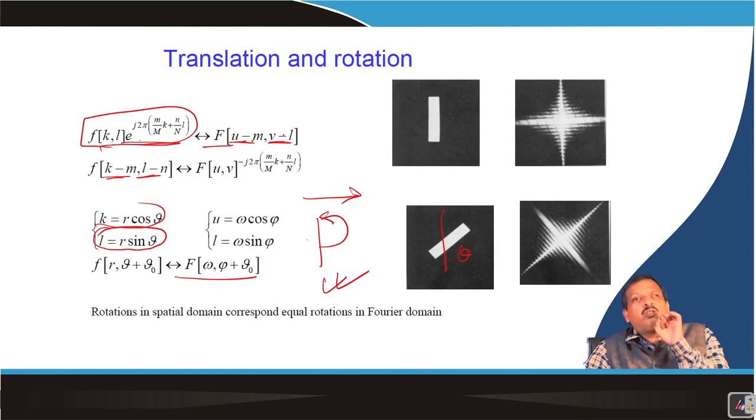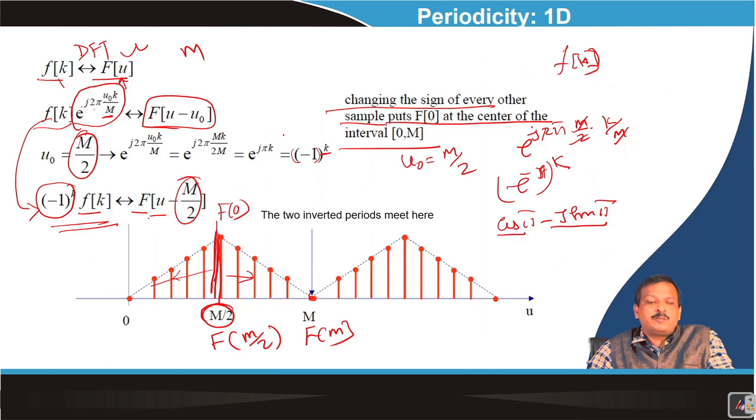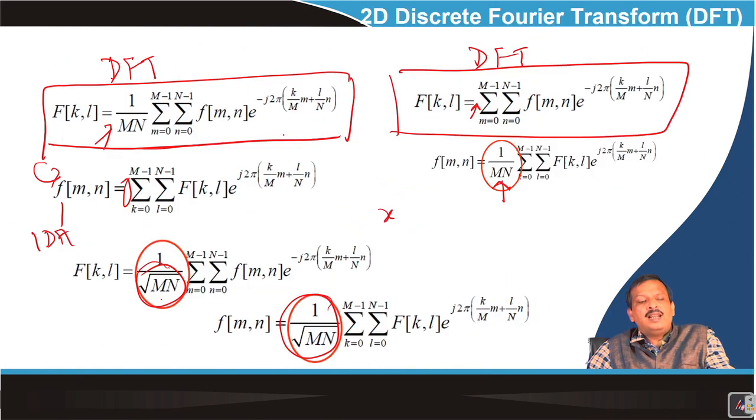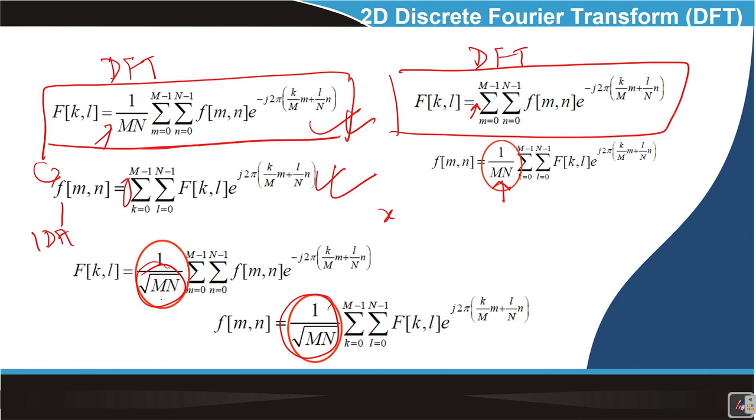So, this is called the 2-dimensional discrete Fourier transform. I applied the concept of single dimension to 2 dimensions, with m and l. Okay. So, if this is my forward transform, this is my inverse transform. Okay? Thank you.